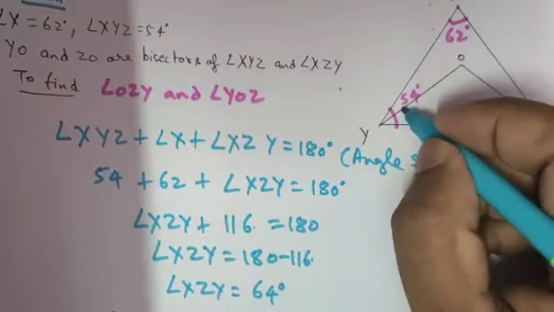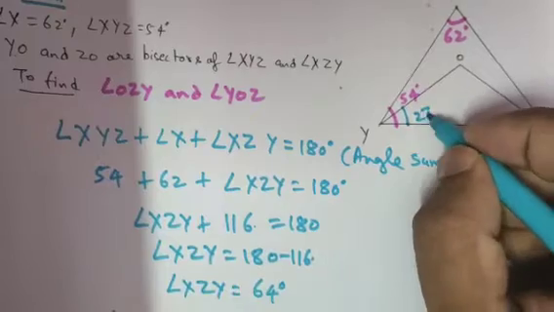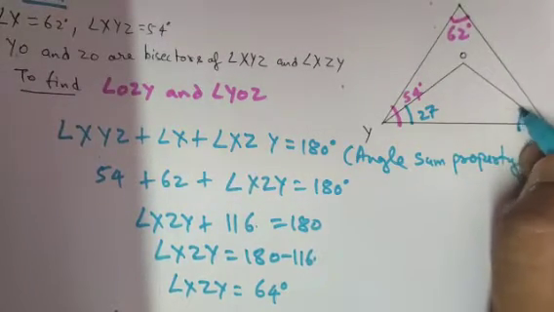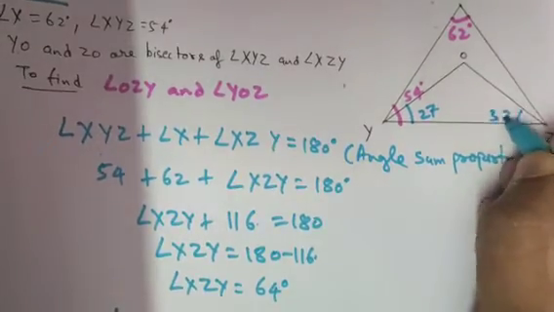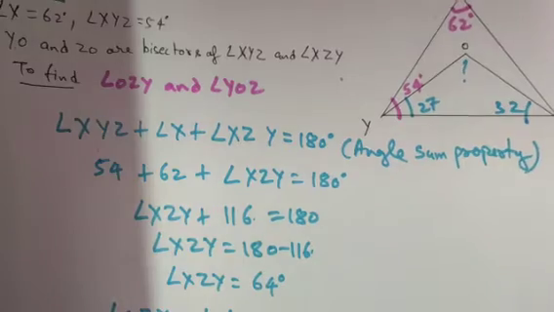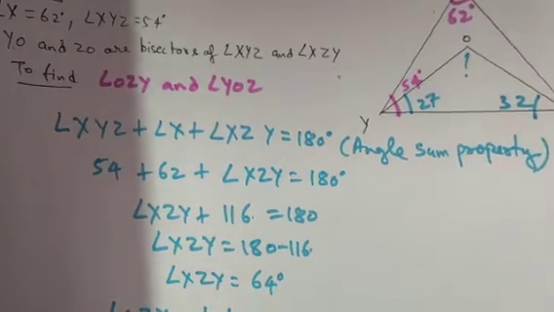Now in this triangle we have calculated the value of OYZ as 27 degrees, and this angle as 32 degrees. Now by applying angle sum property, we can calculate the value of angle YOZ.